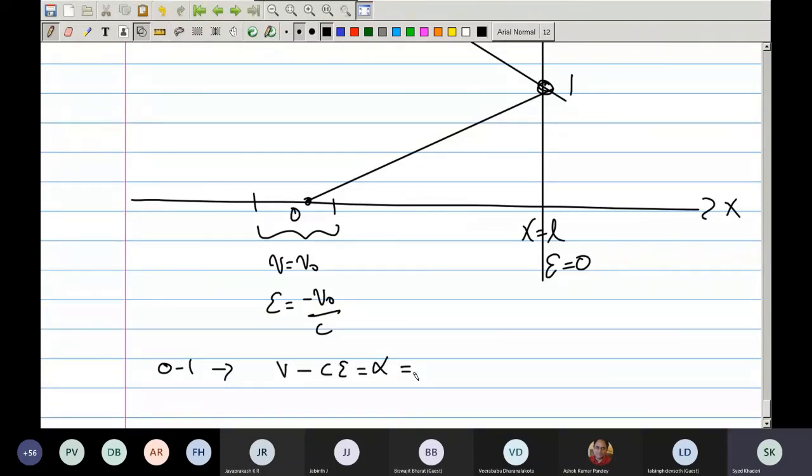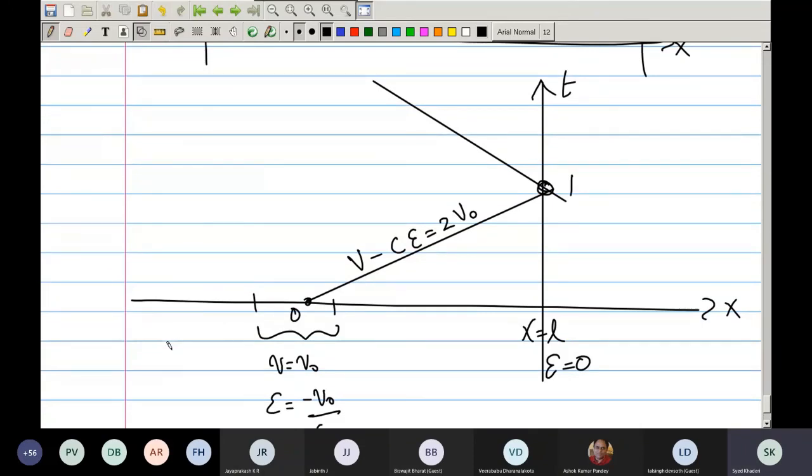So V is V0, minus C epsilon is minus V0 by C. This is going to be 2V0. Am I right? Yeah. So along this line, I will have a condition that V minus C epsilon is 2V0. Okay.